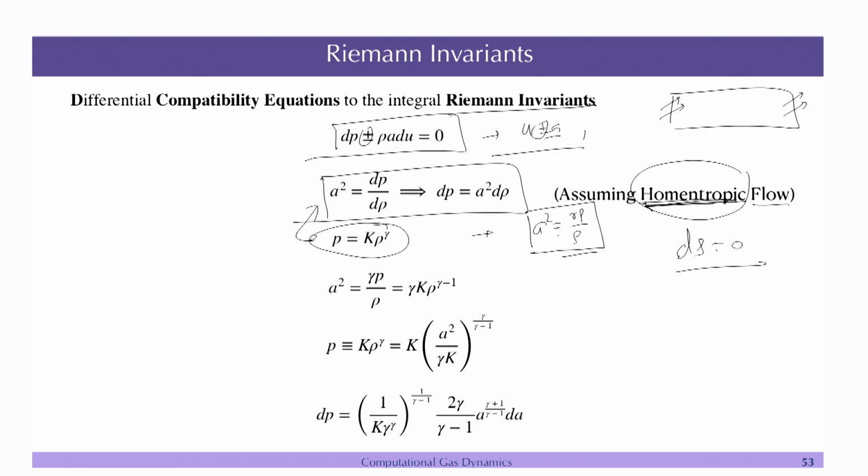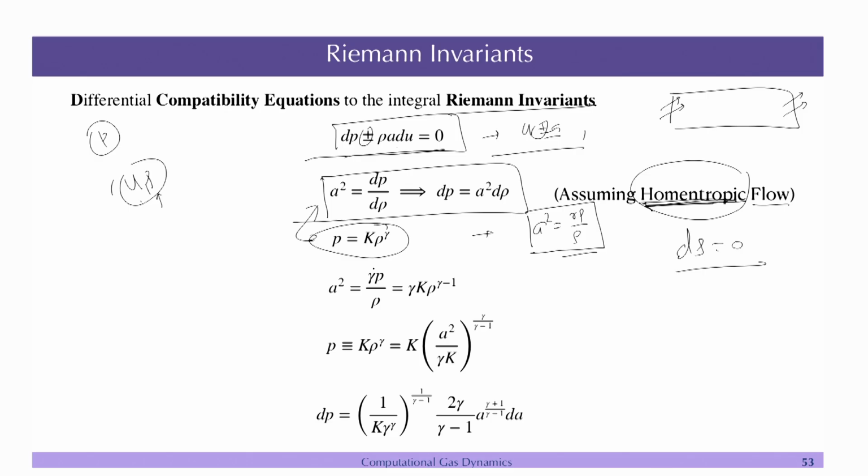Now, we will do some manipulations to get the Riemann invariants. As you might have guessed, they will be in terms of velocity and pressure. If it is the entropy wave, then it will be only pressure, but in other cases you will have velocity and, instead of pressure, the speed of sound. We will look at that shortly.